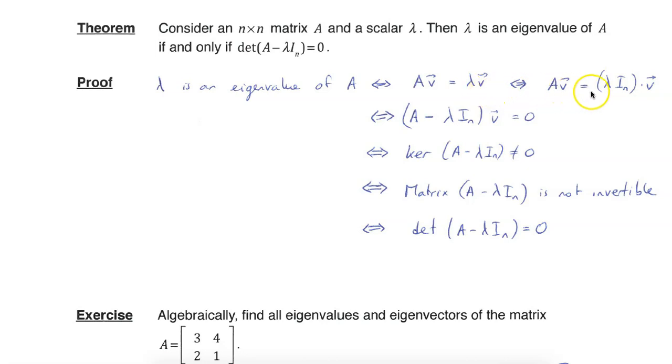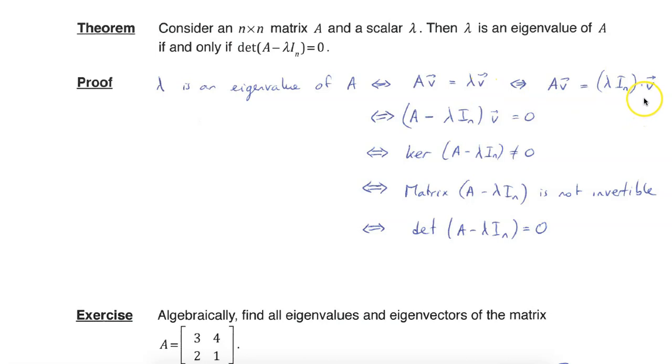From here to there, you may want to pick an example, but saying 5 times vector v is actually the same as making a matrix that has 5s along the diagonal and 0s everywhere else, and multiplying by v. It's going to yield the same as 5v. You may want to try with just a 2 by 2 matrix to see that indeed this is the same as that.